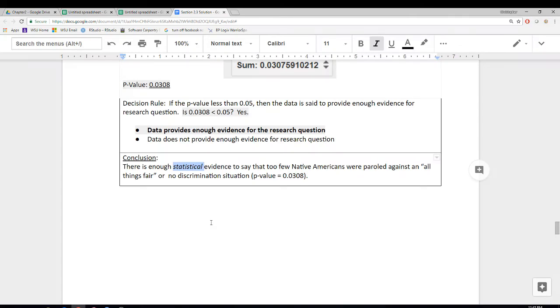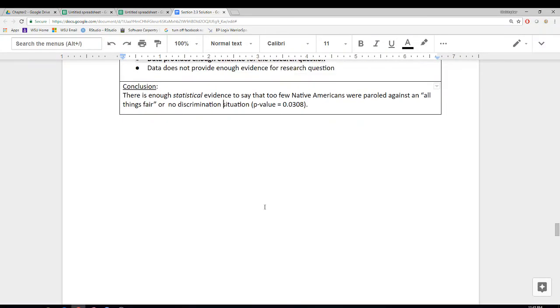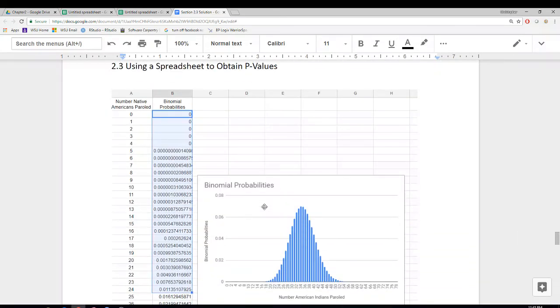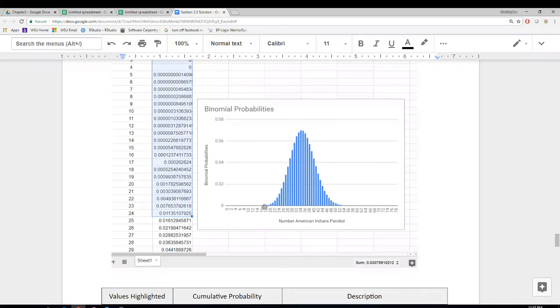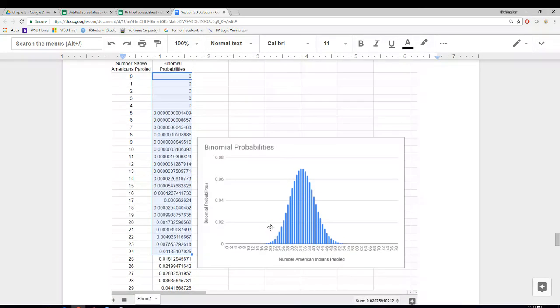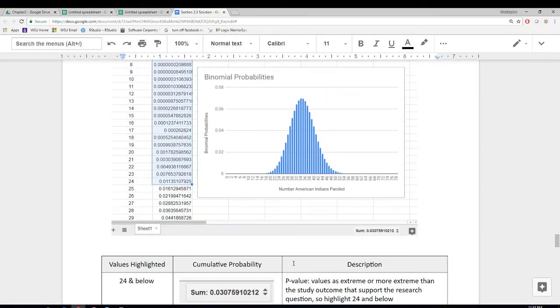This is just one particular bit of evidence that would go into a trial. There's lots of other information they would need to provide as well, but from a statistical perspective, we can say that there were too few Native Americans being paroled. This is just showing you the highlighting of 24 and below.